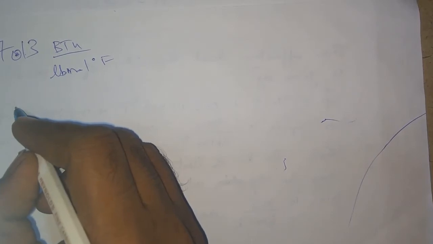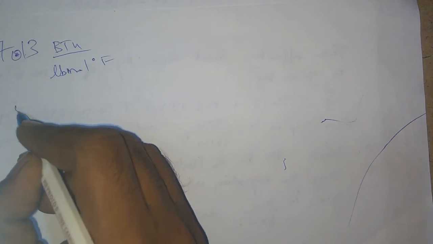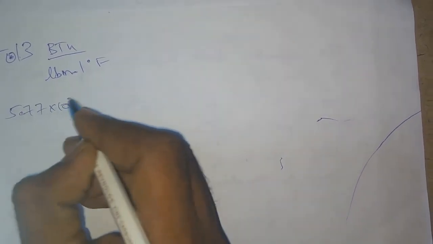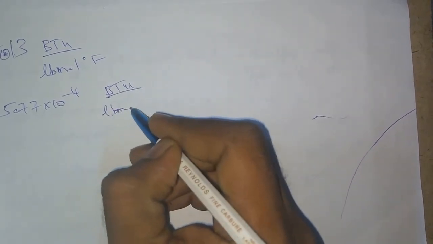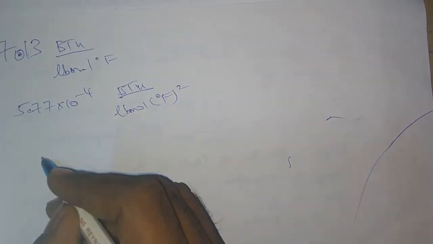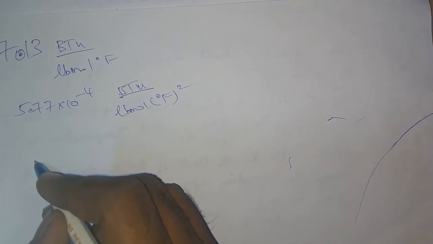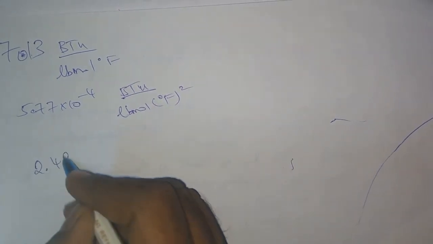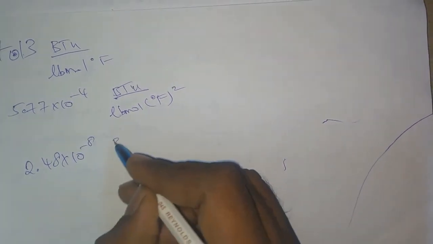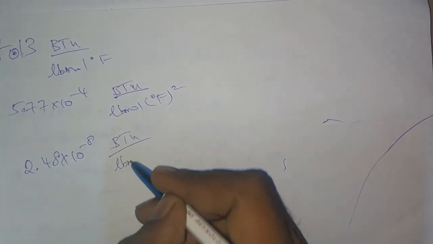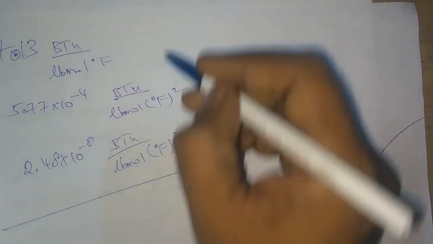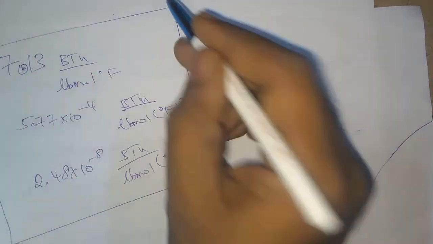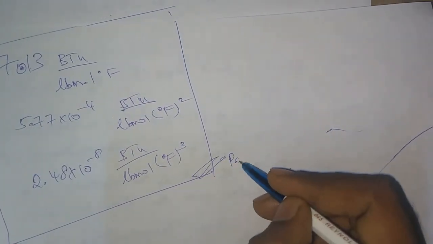The unit of the second term constant, 5.77 into 10 power minus 4, is BTU per pound mole degree Fahrenheit square. The unit of the constant 2.48 into 10 power minus 8 is BTU per pound mole degree Fahrenheit cube. So these are the units of the constants in the given expression. That is the answer for part A.